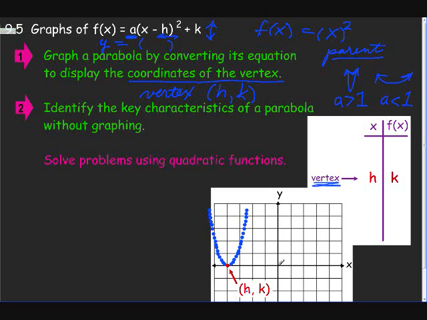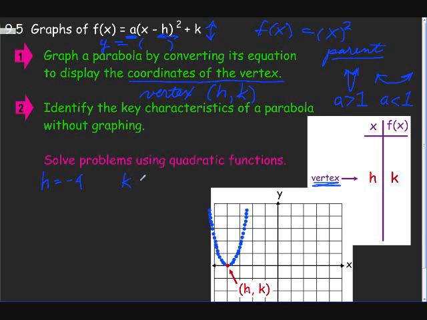With the parent graph, h would be 0 right here. But this has been shifted 1, 2, 3, 4 to the left. So what is my h? -4. So h equals -4.